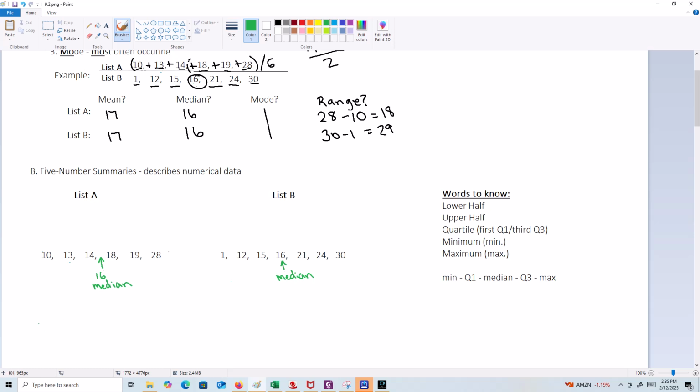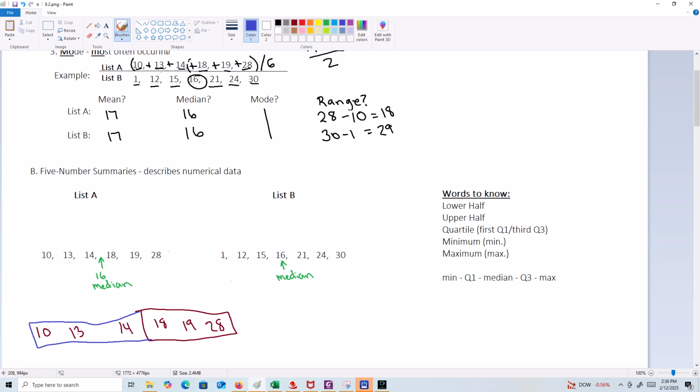Now I'm going to rewrite this set of numbers so that I can mark it up and show you the picture of where these 5-number summaries come from. If I were to divide this into 2 halves, I would have the upper half to the right and the lower half to the left of my median.